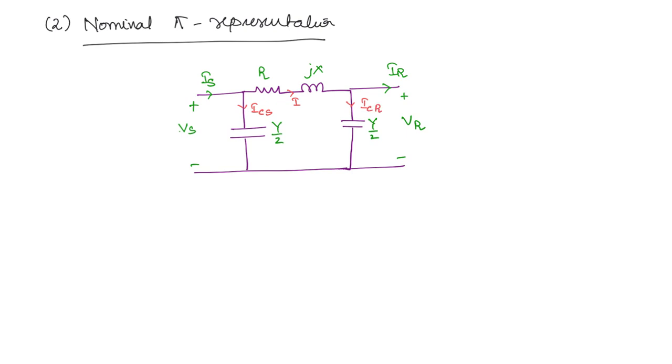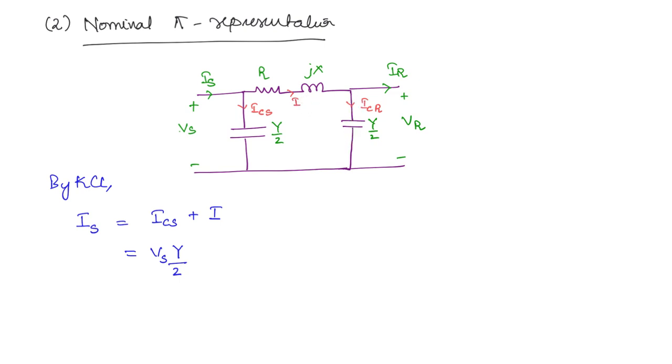Now at the input side you can write KCL. Previously we applied KVL, but here we will use KCL. So Is is equal to ICS plus I, right? But what is ICS? This is the current through the capacitor. So ICS you can write as the voltage into admittance. What is the voltage here? Vs, and admittance is Y by 2. Next, what is I?